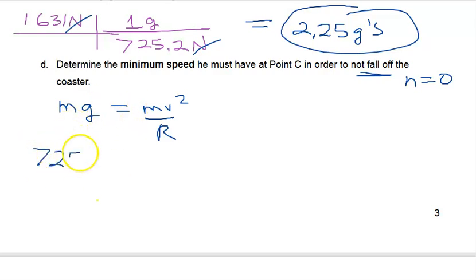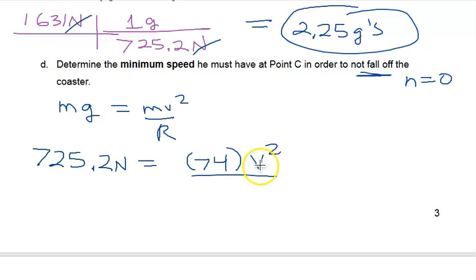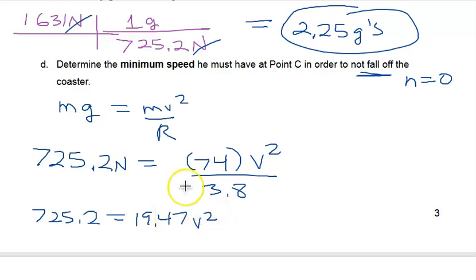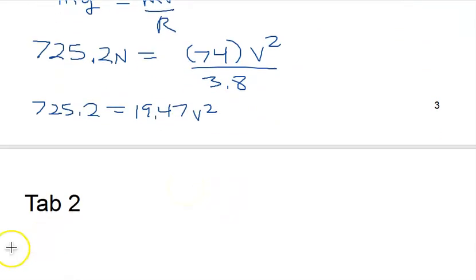So one more time, 725.2 equals 74 times v squared, this is what we care about, over the radius, which is 3.8. So 725.2 equals 19.47 v squared.